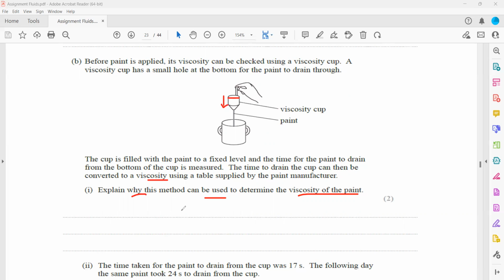So the time to flow is directly proportional to viscosity. If it is more viscous, it will take more time to flow. Rate means how much distance it covers in a unit time, and the rate of flow is inversely proportional to viscosity.